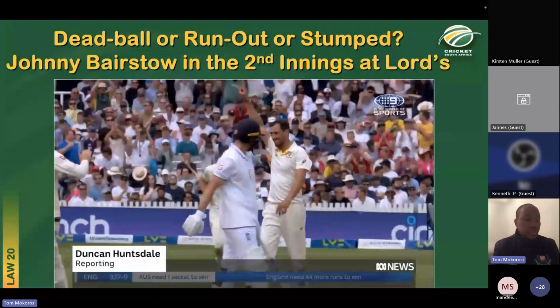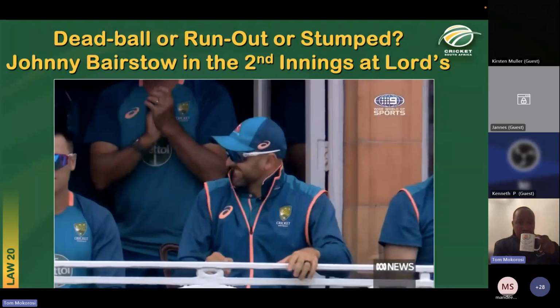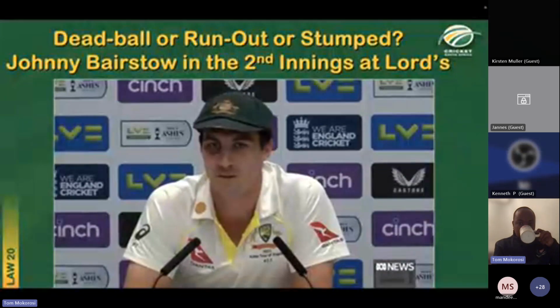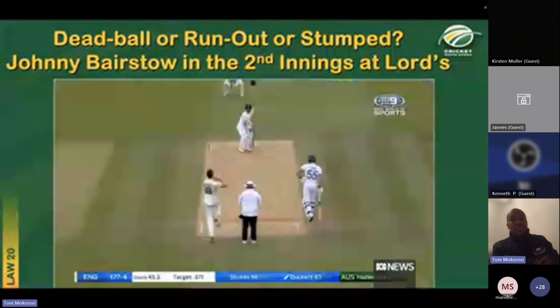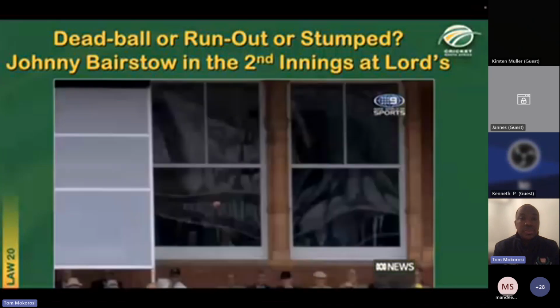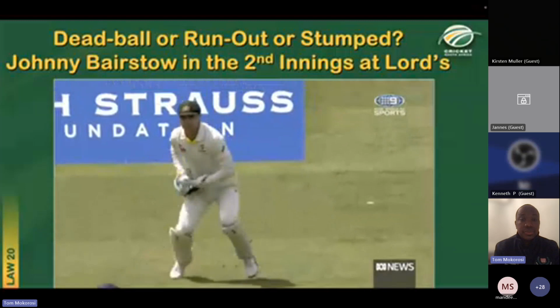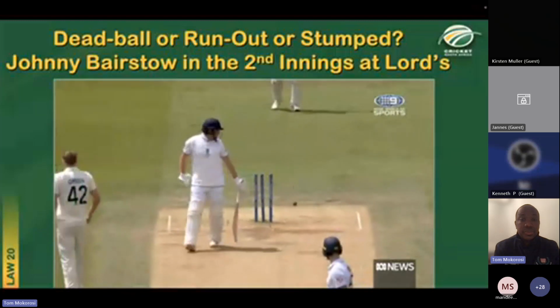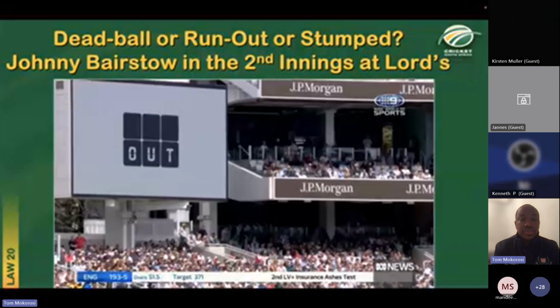Australia's one win away from securing its first series victory in England since 2001. Being up 2-0 is something we should be really proud of as a group. It's a tough one to swallow, sort of getting so close. The tourists needed 6 wickets on day 5. Well taken. Carey again. England's pursuit of 371 ground to a halt when a shocked Johnny Bairstow was stumped, an incident that incensed the crowd.